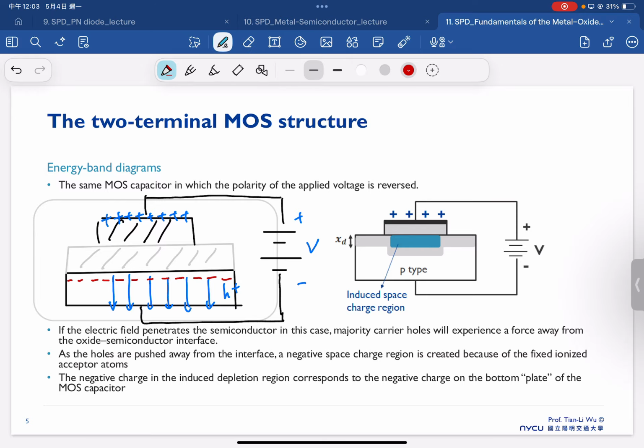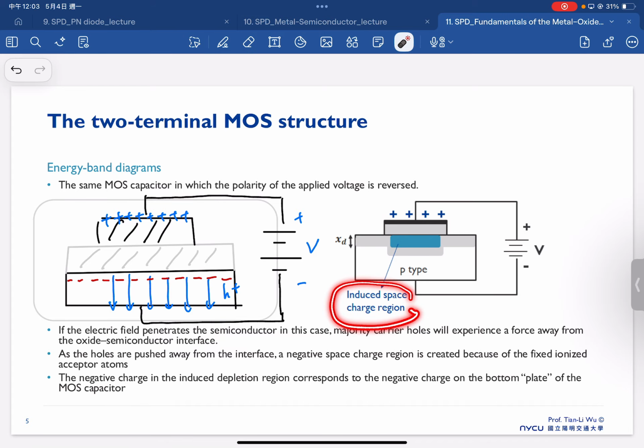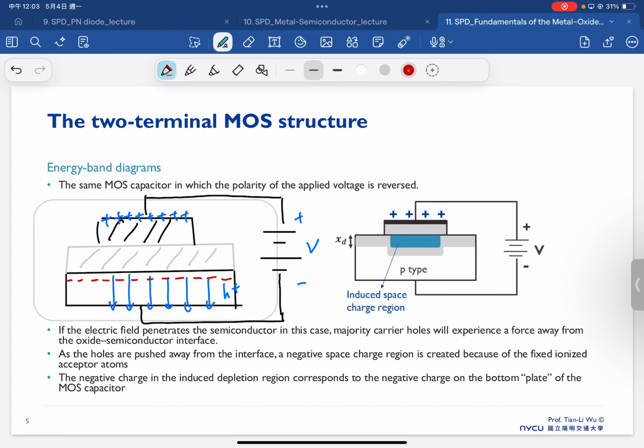So you will see this induced space charge region, which has a negative charge here.